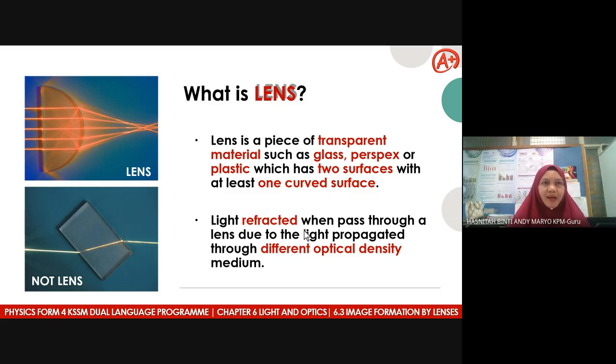Remember, we learned refraction of light in 6.1. When light travels through two media of different optical density, the light will be refracted. This is how the lens works, based on the refraction of light.